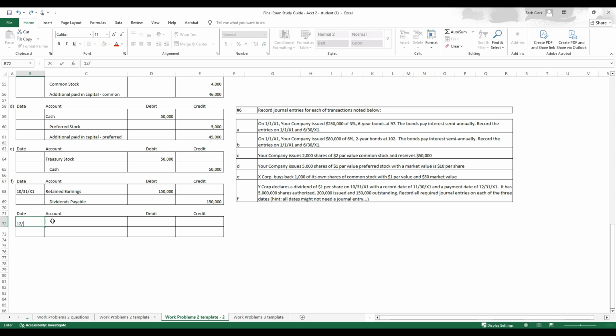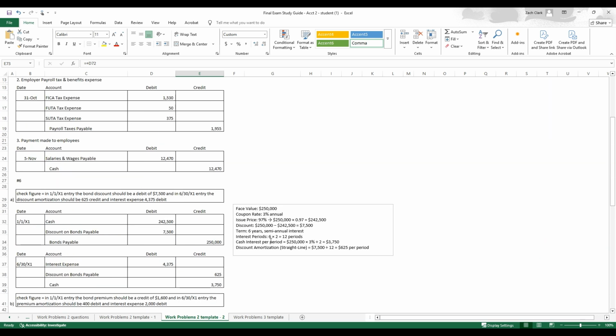But there is a journal entry on 12/31 when we actually make the payment. Then we basically offset our payable, so it goes to 0. We decrease our payable by the 150,000, and when we're paying a dividend, cash is going out of the business, so we credit cash for that same amount.